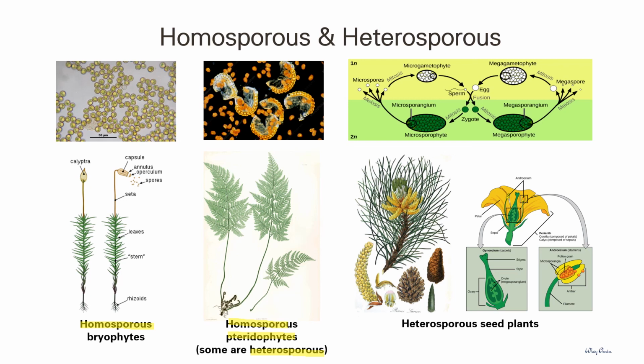Both gymnosperms and angiosperms are heterosporous because they produce two different types of spores, which are microspores, which will germinate into the microgametophyte, and megaspores, which are going to form the megagametophyte for female.